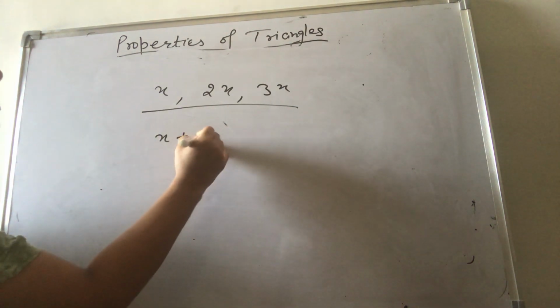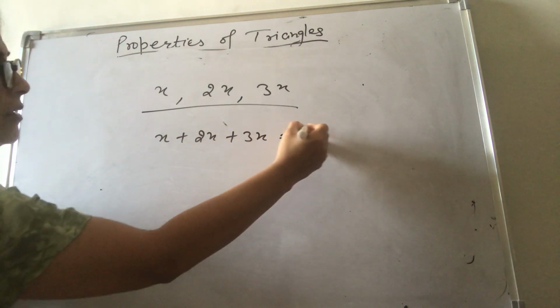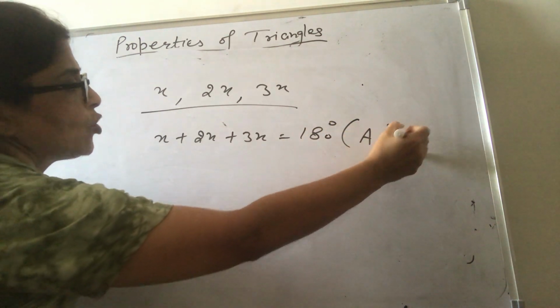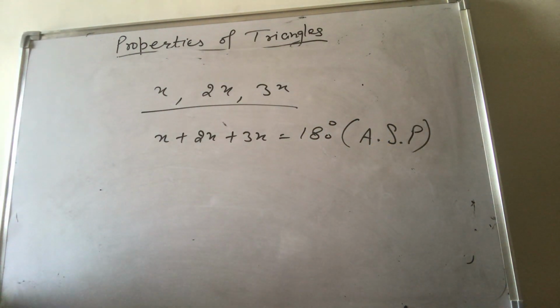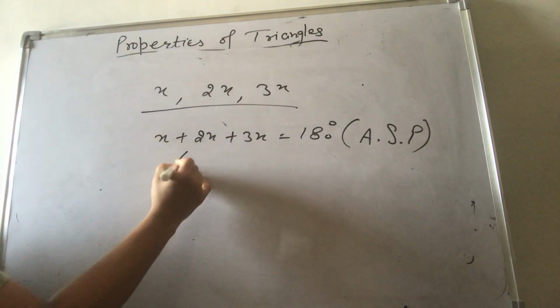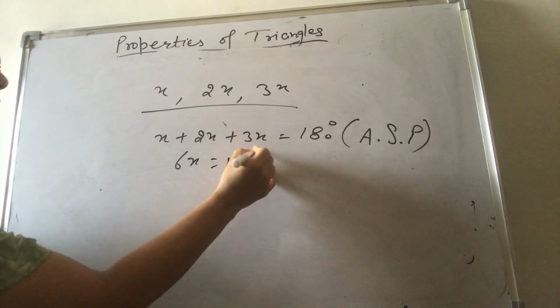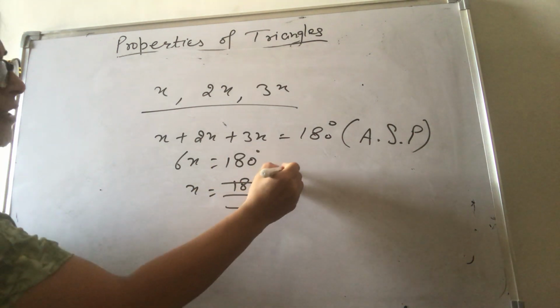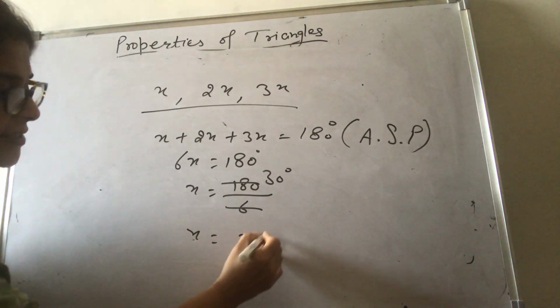So again we will use angle sum property is equal to 180 degree, and we can write it in the short form also, angle sum property. 3 plus 2, 5, 5 and 1, 6. 6X is equal to 180 degree. X will be 180 upon 6, 30 degree. The value of X is 30 degree.